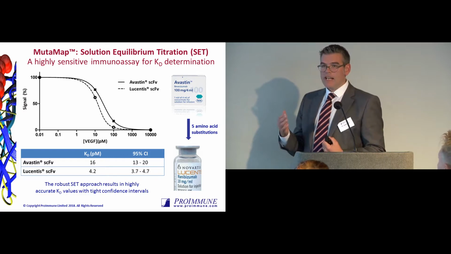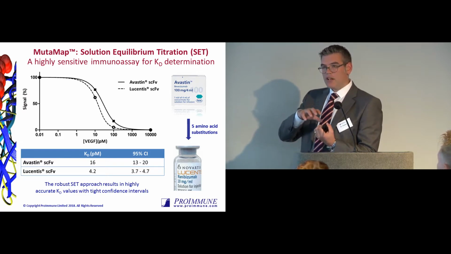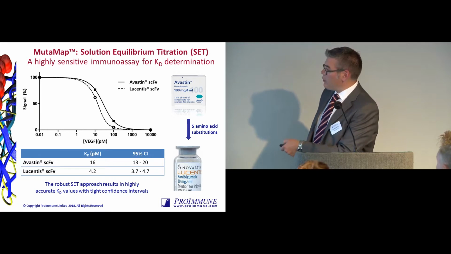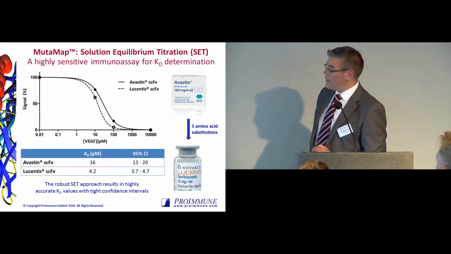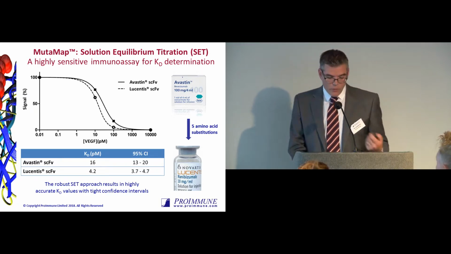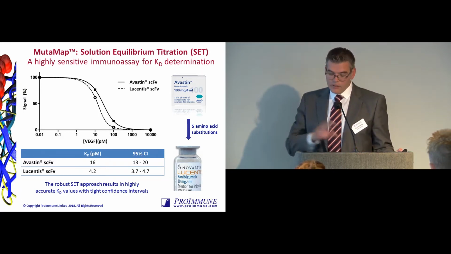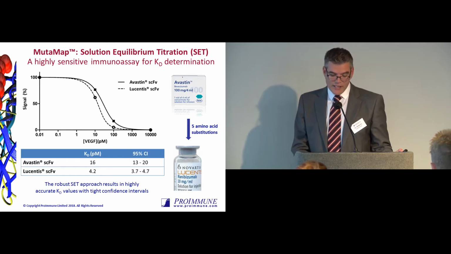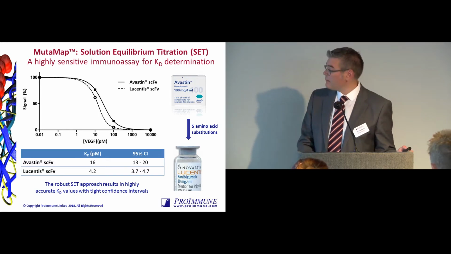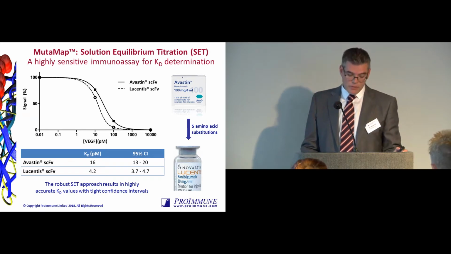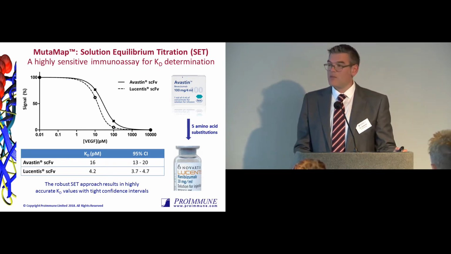It's actually an immunoassay which is based on solution equilibrium titration. We are then able to identify optimized protein variants. So following this mutation and expression strategy, we do the analysis of the activity and affinity by this multi-point solution titration assay, and we can carry out between 500 and 2,000 mutations in just 8 to 12 weeks. So it's really, really quick.